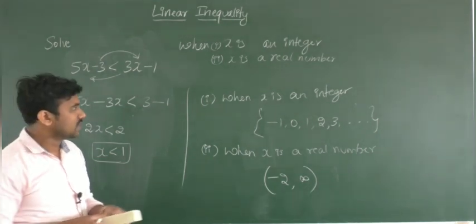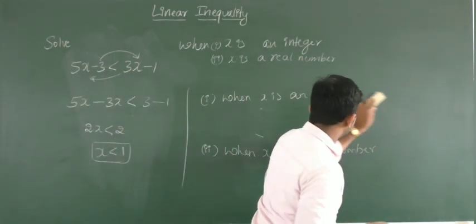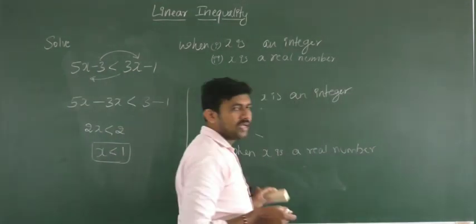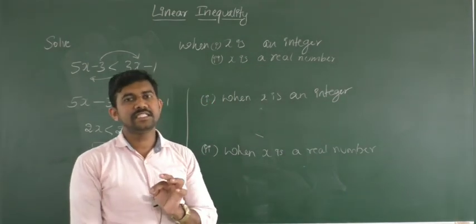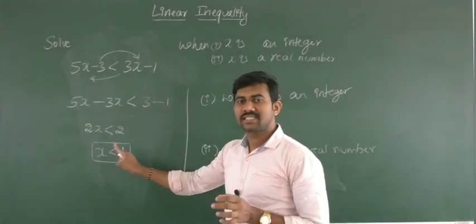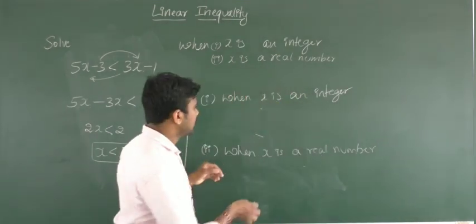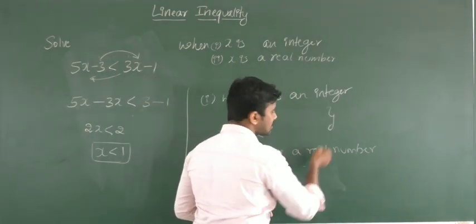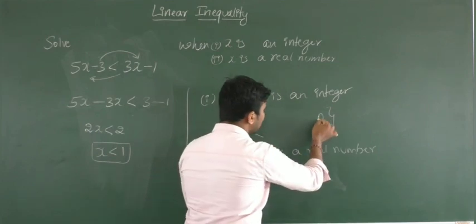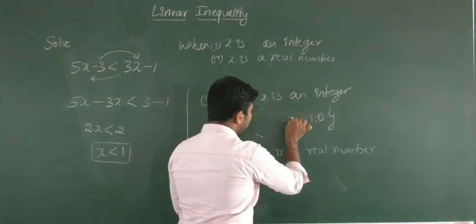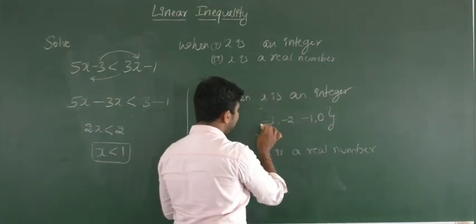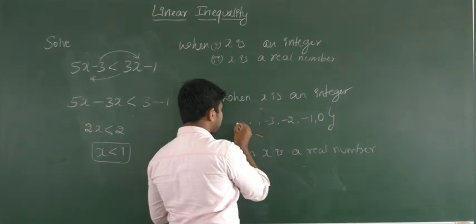Okay, now same case, we have to write the solution set. When x is an integer, what are the integers strictly less than 1? The integers less than 1 are 0, minus 1, minus 2, minus 3 and so on.